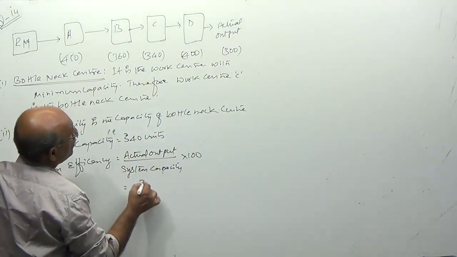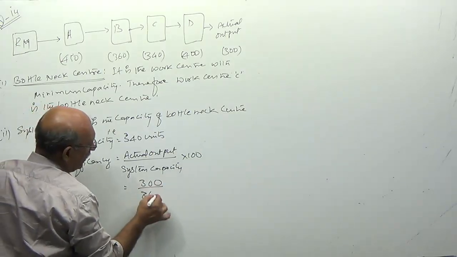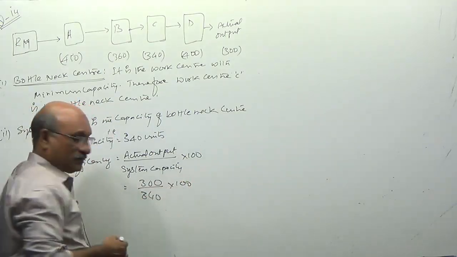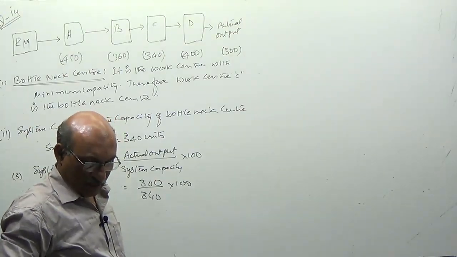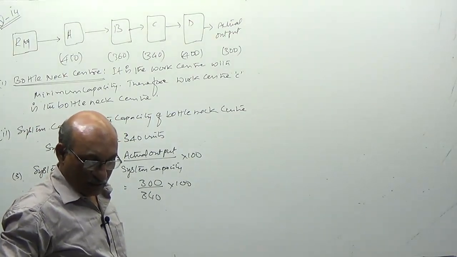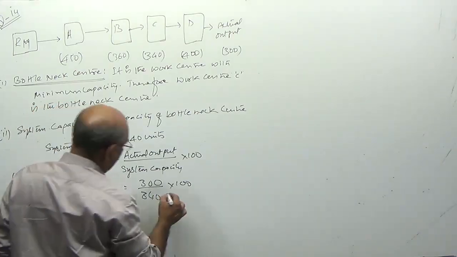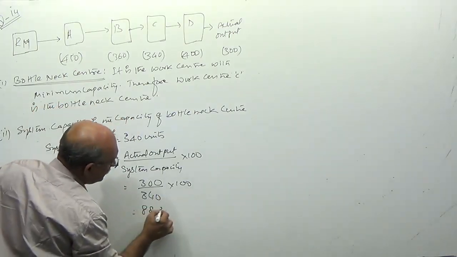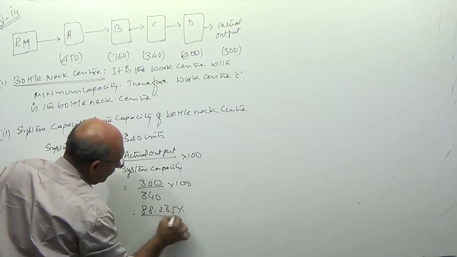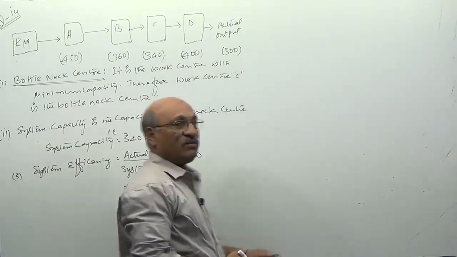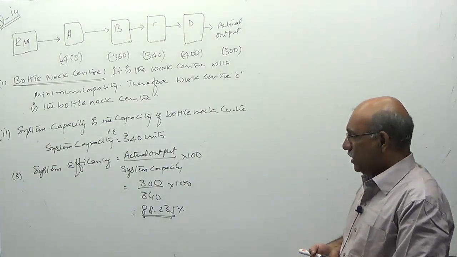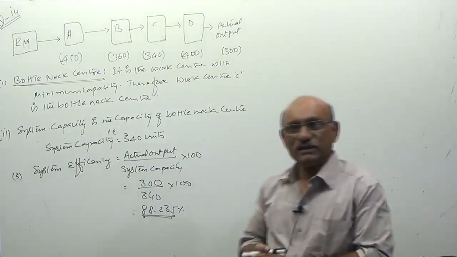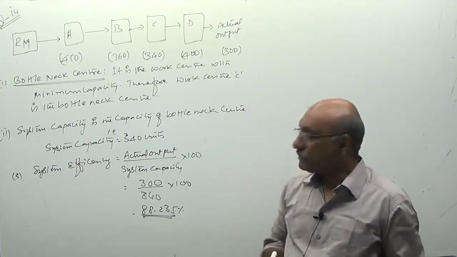Actual output is 300, so 300 by 340 into 100 is equal to 88.235% capacity. So the system is not at 100% efficiency. 88.235, that is the system efficiency.